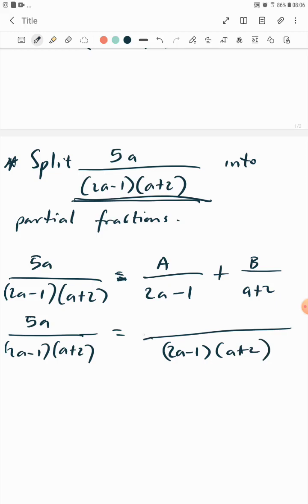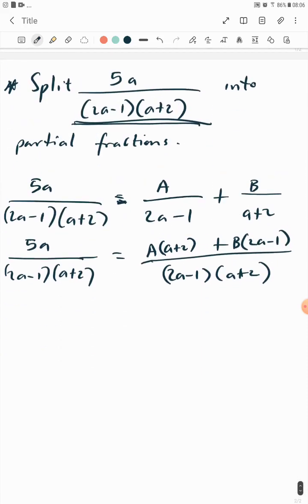Then 2a minus 1 in this, that will remain a plus 2, so A bracket a plus 2, plus, a plus 2 in this will give me 2a minus 1, that will be times B. Now if you compare, you see that the denominators are the same.